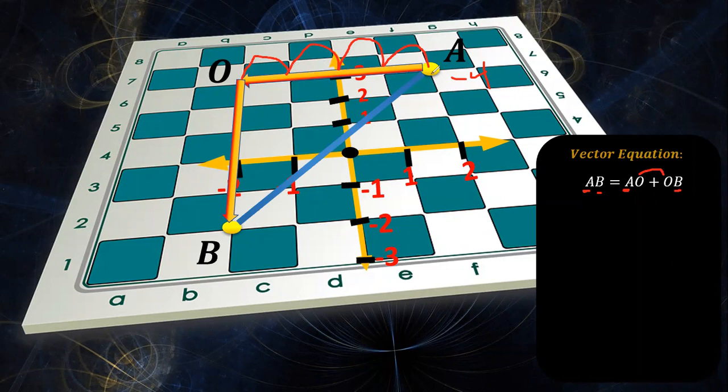We're going straight across. So it's going to be -4, 0. And then to get from O to B, we are not going left or right. We're not going through the door at all. We're coming straight down the stairs. How much are we coming down? We're coming down 1, 2, 3, 4, 5. So it's going to be 0, -5.